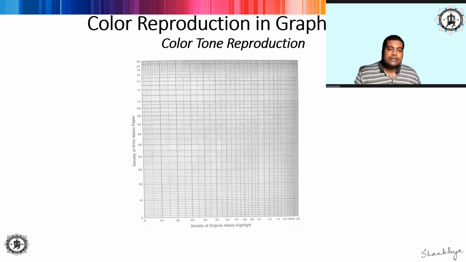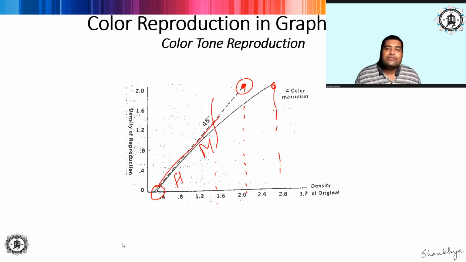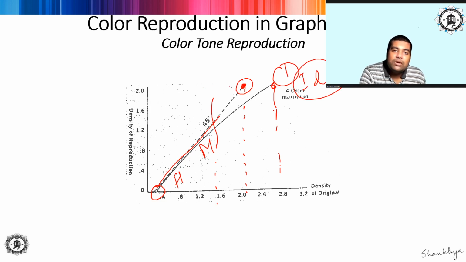Now the question is, I have established that the perfect nature of my tone reproduction curve for my print mechanism is this one. Let us say this is my ideal situation. I want all my reproductions, or at least some of them, to follow this type of tone reproduction curve.